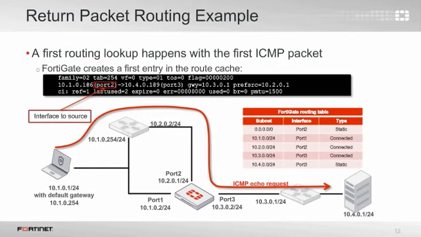When the ICMP packet arrives to FortiGate, an entry for the originating traffic is created in the unit route cache. This entry contains the interface to source, or the incoming interface where the packet arrived, which in this case is port 2.